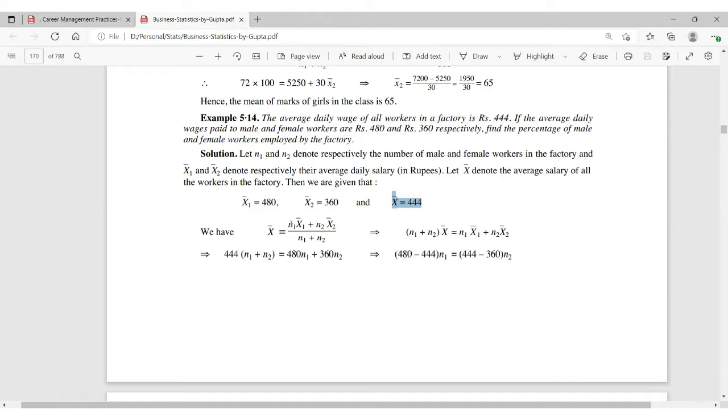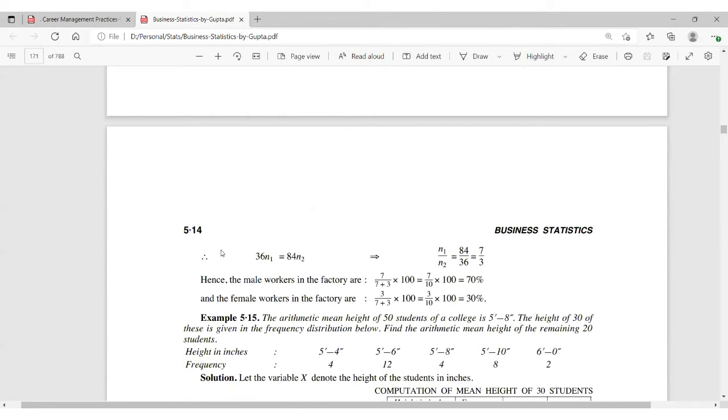Now, on solving this, put x bar as 444 and put these values, right? Now it comes to be an equation like this. Fine. On solving, we get this n1, this, and then this. It's like this. Fine.